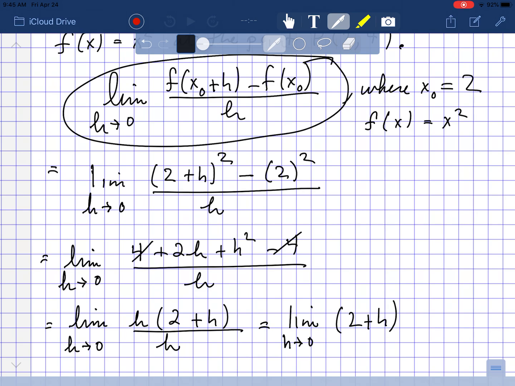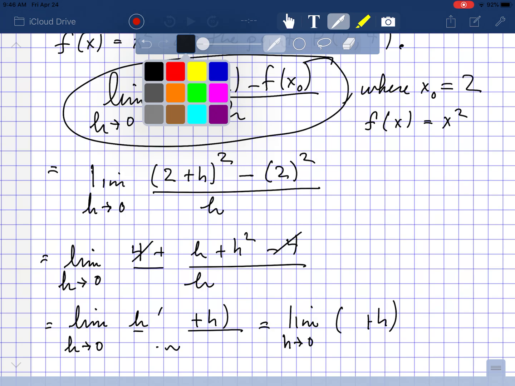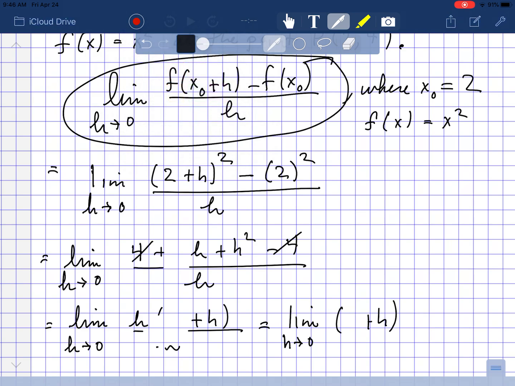Okay, and this is not 2. So let me make a correction here. I made a mistake when I multiplied. So that mistake, I should have a 4 here.